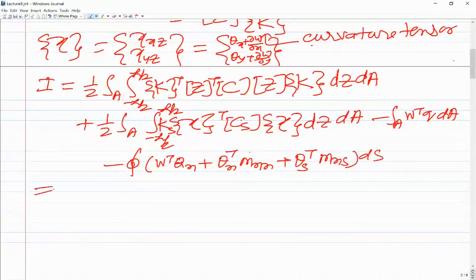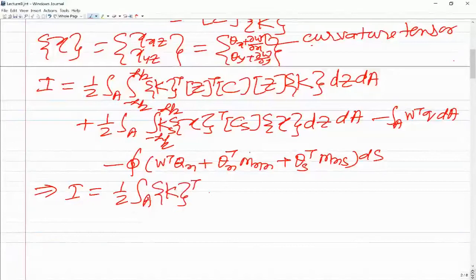So we can write this integral functional I as half integration over area, and then we have this kappa transpose into this matrix we define as the D matrix. So D into kappa dA, plus half integration over area, and let us absorb the Ks into the matrix inside. So I will define that.